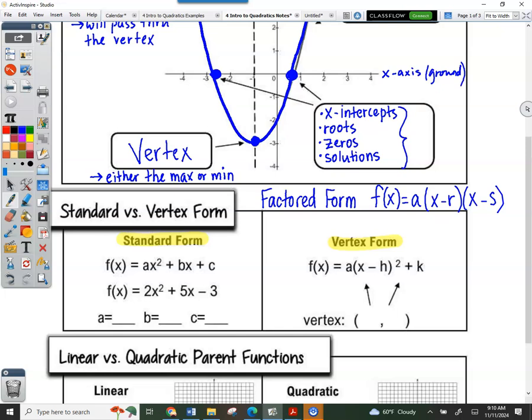Terms the whole part. 2x squared. What are the coefficients A, B, and C? What would A be? 2. What's B? 5. What's C? -3. It's very important you understand how to get A, B, and C.